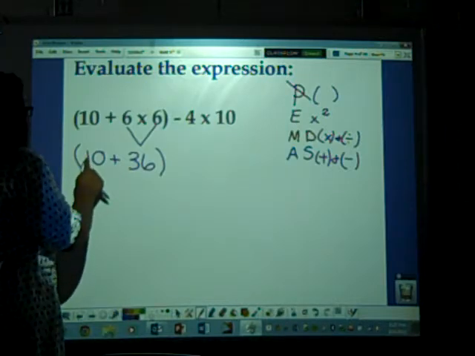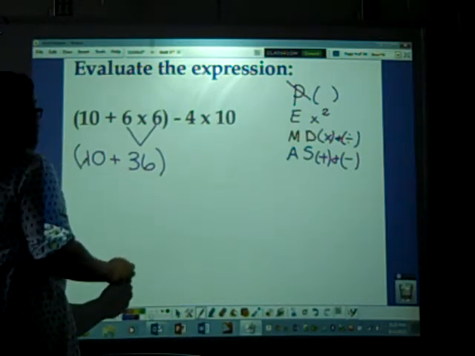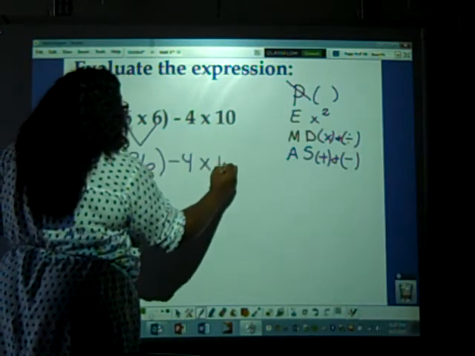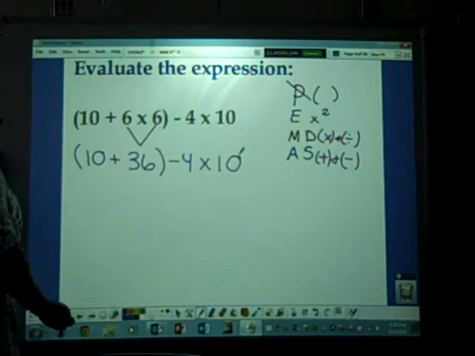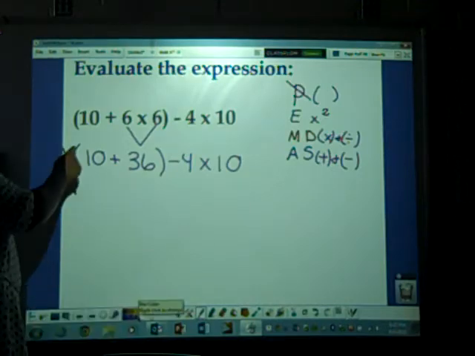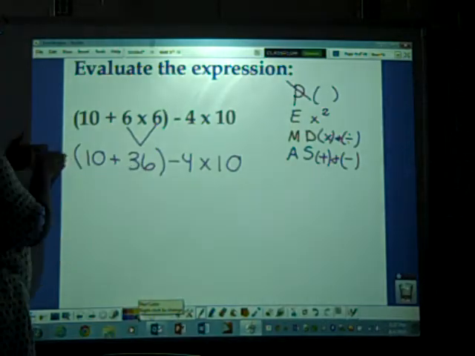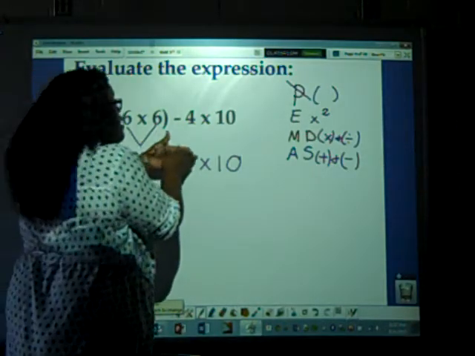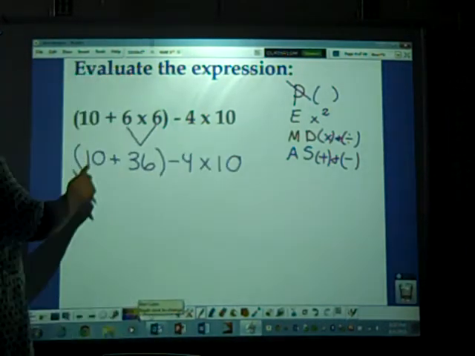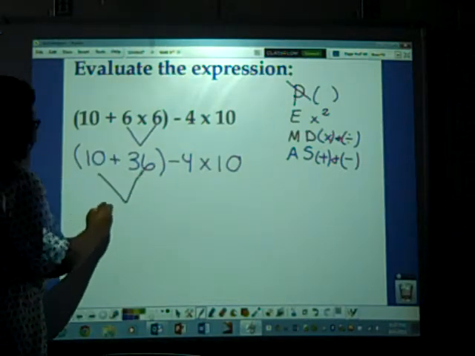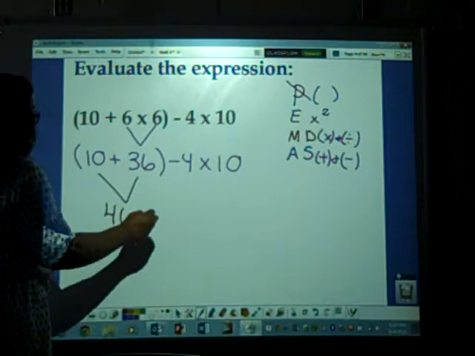So now I have 10 plus 36 minus 4 times 10. Well, I am going to go ahead and continue working my parentheses because I still have parentheses in my new numerical expression. So 10 plus 36 equals, hope you're thinking 46 because you're right.